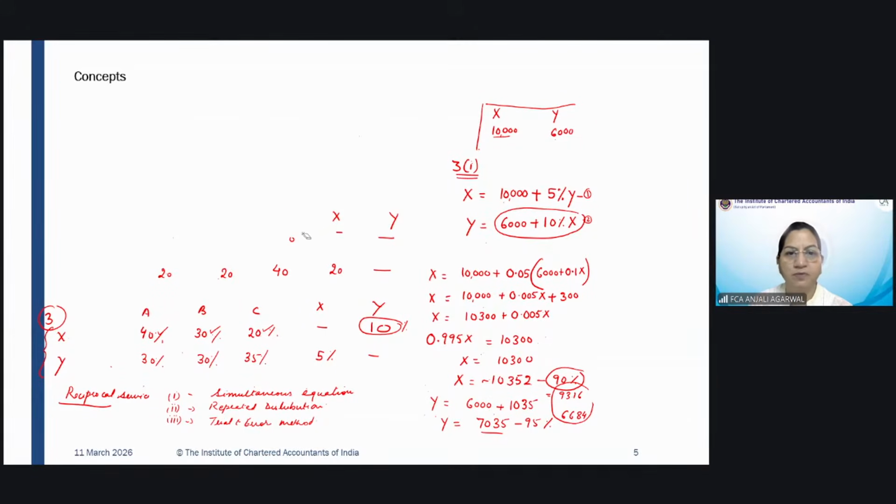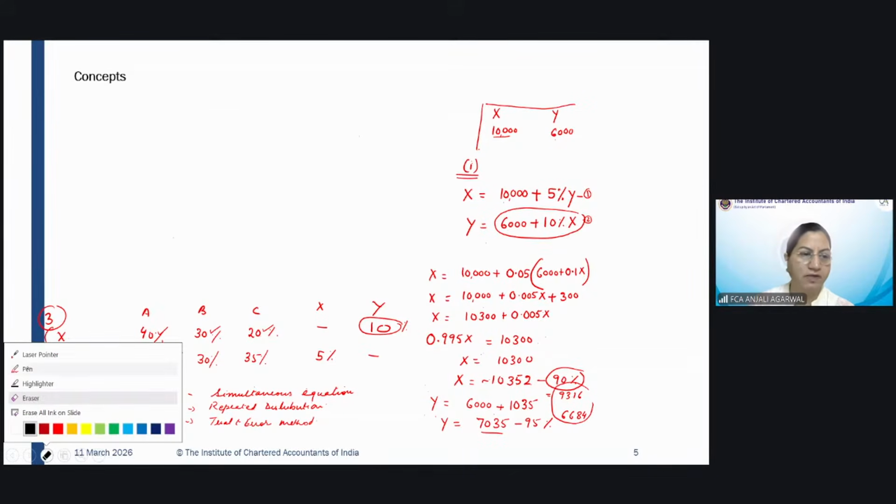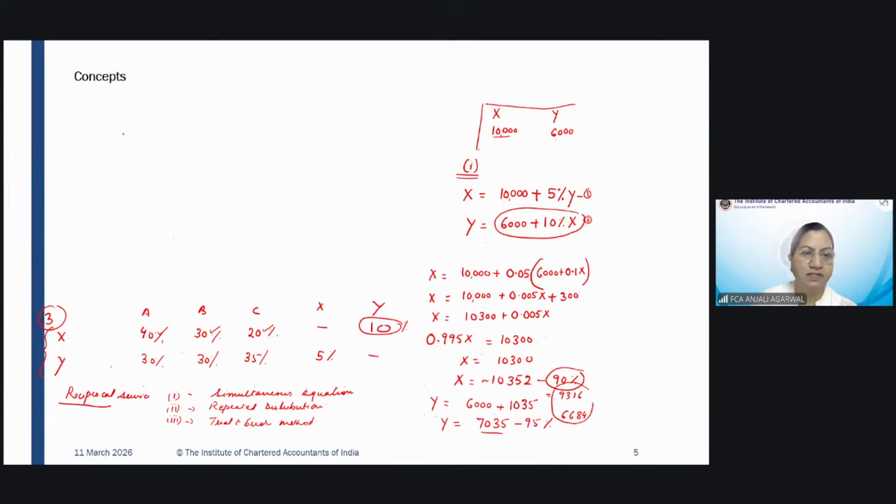In repeated distribution, we keep on distributing the expenses amongst the four or five departments that we have, until the figure becomes almost less than 1, and we continue to do this.